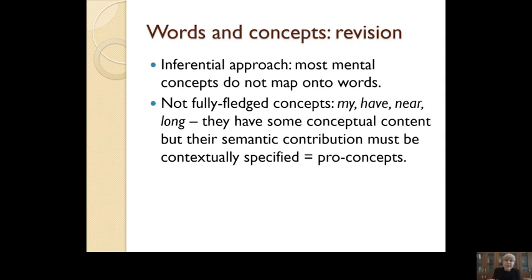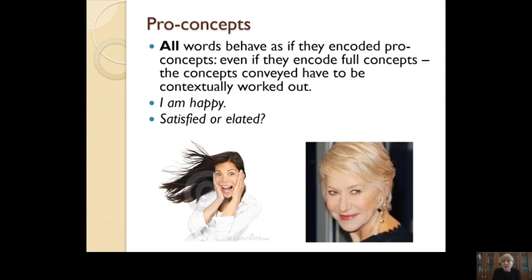So, as you can see, to determine the exact meaning of words such as my, have, near, and long, that is to identify the concept behind them, you have to specify them contextually. So in other words, we may say that such not fully fledged concepts as my, have, near, and long are pro-concepts, potential concepts. Now, I would like to claim that actually all words behave as if they were pro-concepts.